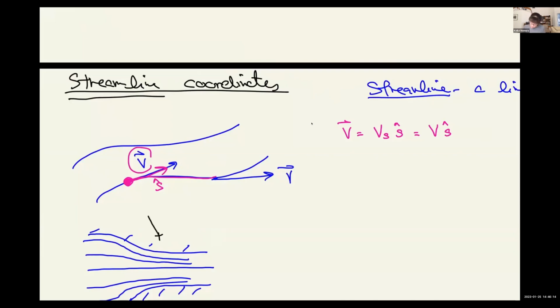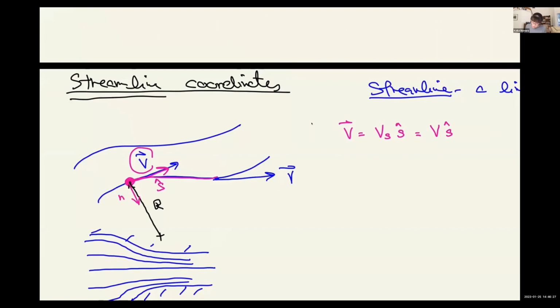So if I indicate the radius of curvature and denote it as R, then there's going to be the corresponding direction towards the center of curvature, and that's going to be the normal coordinate, N. And in general, we can describe the fluid motion using streamline coordinates S along the flow and N normal to the flow.